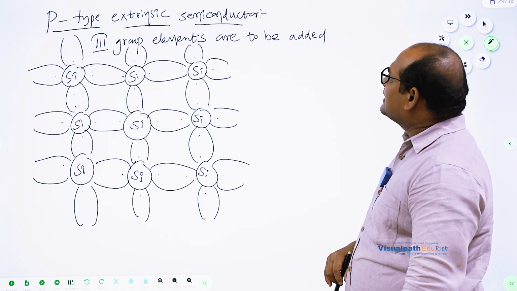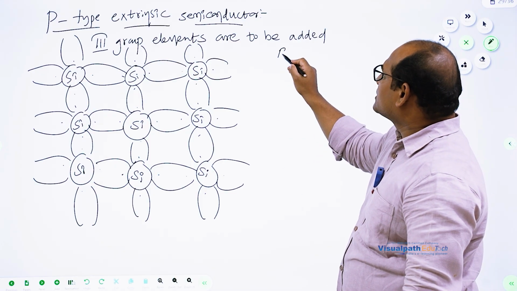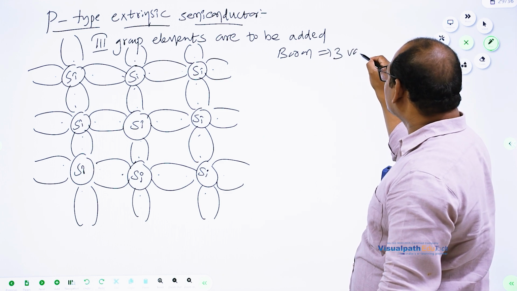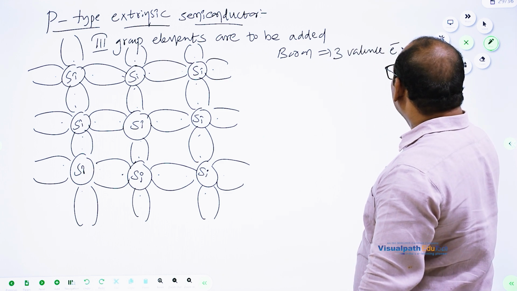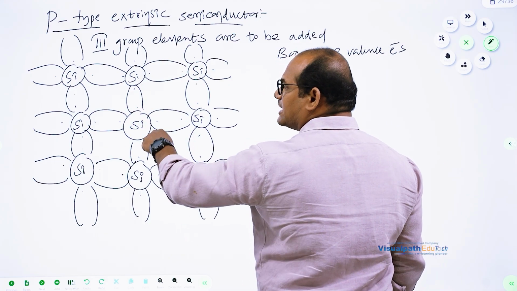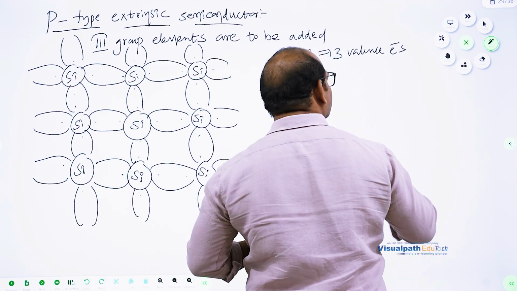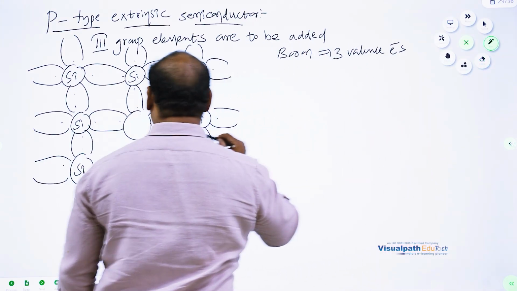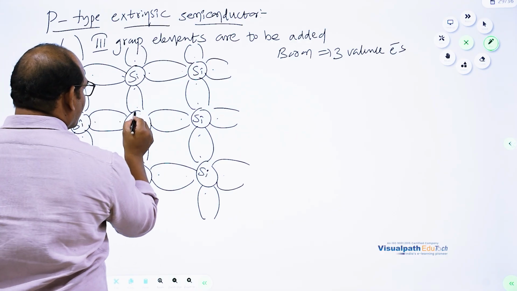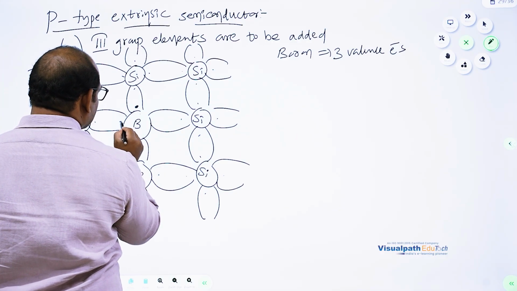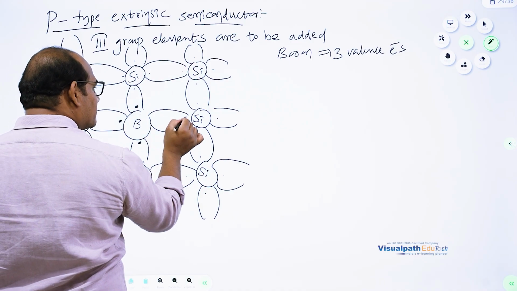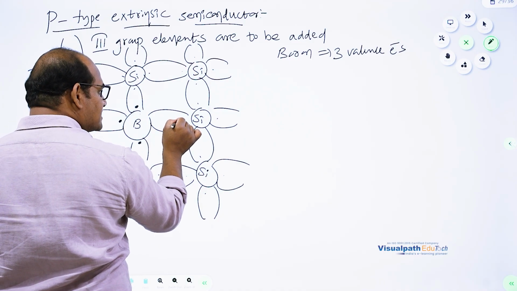Now we are adding one boron atom. For example, the third group element can be boron. It has just 3 valence electrons. But each silicon atom has 4 covalent bonds with 4 neighboring silicon atoms. So when you replace one silicon with boron, which has only 3 valence electrons, here is the valence electron of boron, another valence electron, and the third valence electron of boron. Previously a covalent bond was here, and this electron was related to this silicon.